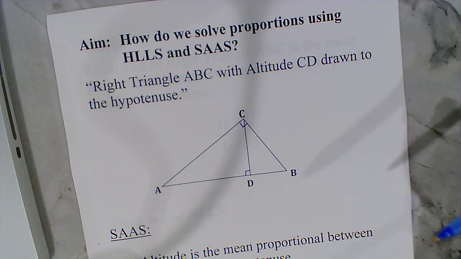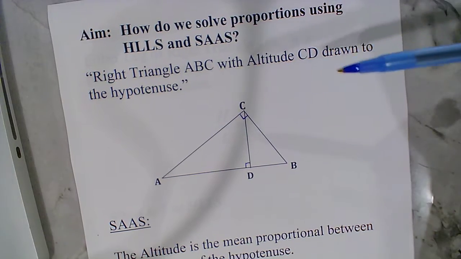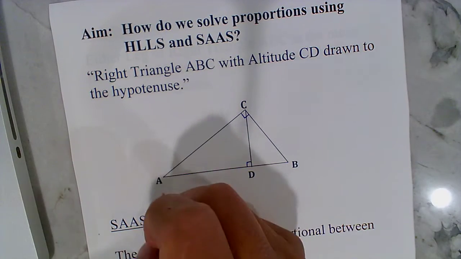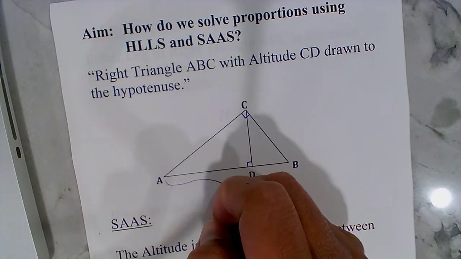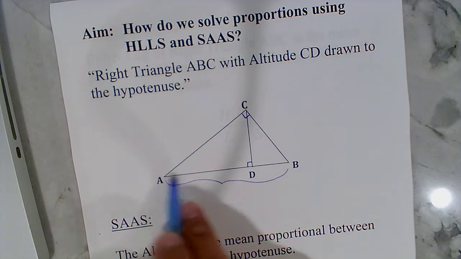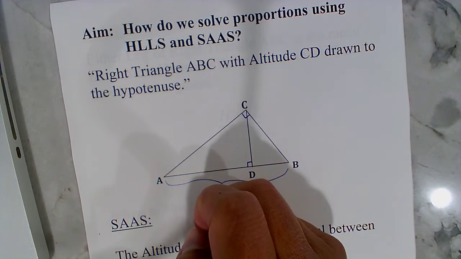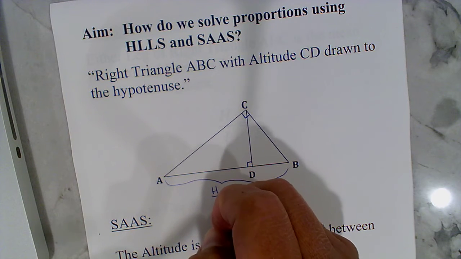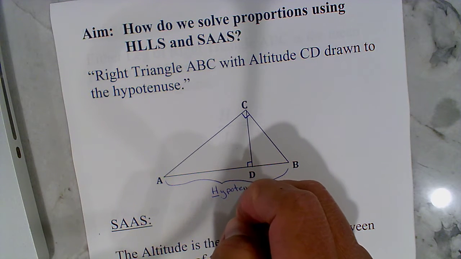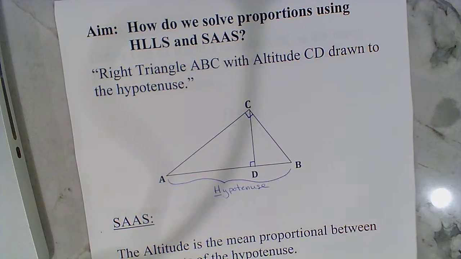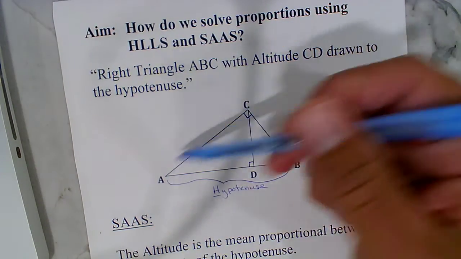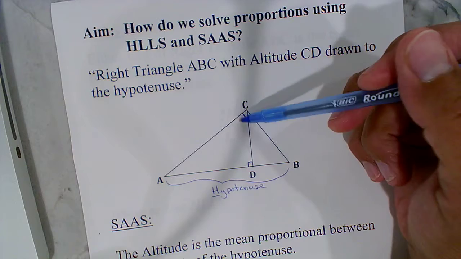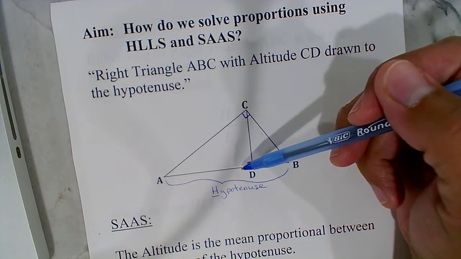First, you can't do any of that till you know what all these letters stand for. This guy here, AB, is your H, for your hypotenuse. In a right triangle, you always have the hypotenuse across from the right angle.